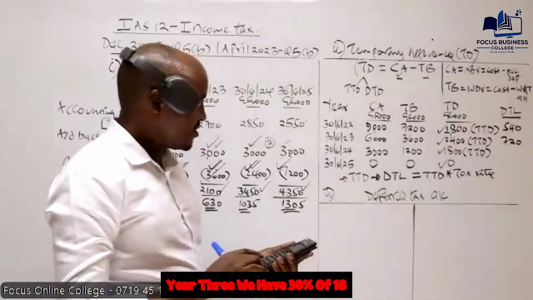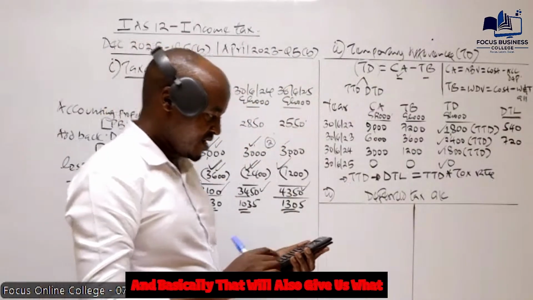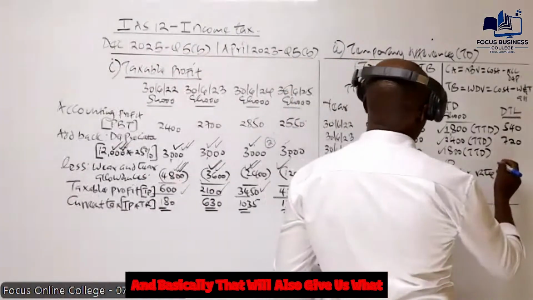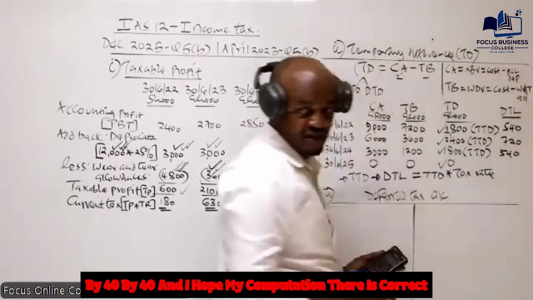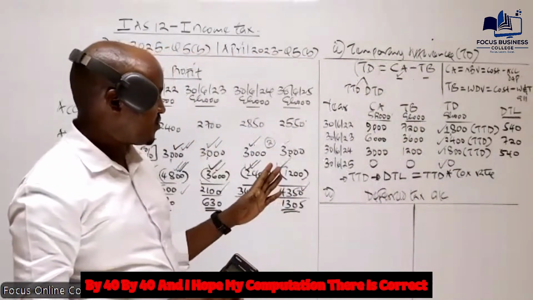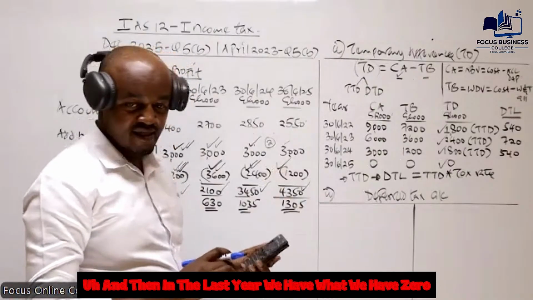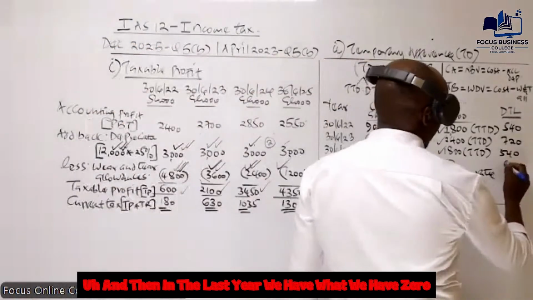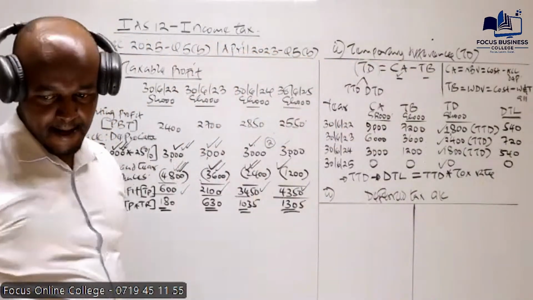Year 3, we have 30% of 1800, which will also give us 540, and I hope my computation there is correct. And then in the last year, we have 0.